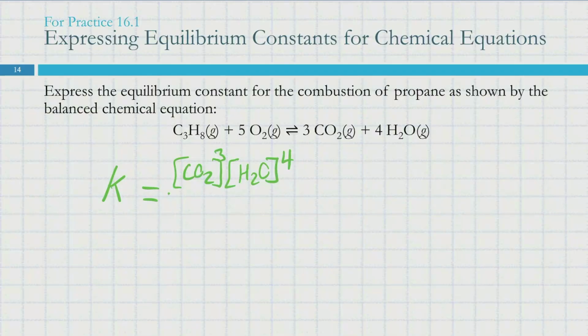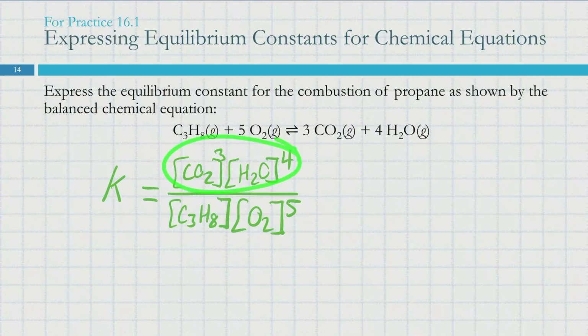On the bottom, C3H8. Great. And then O2 to the fifth power. Perfect. So we've got our products on top. We've got our coefficients turning into exponents. And everyone is represented. So that would be a great equilibrium constant expression.